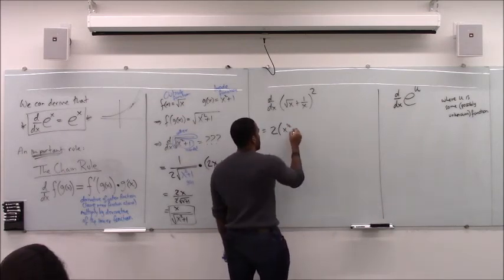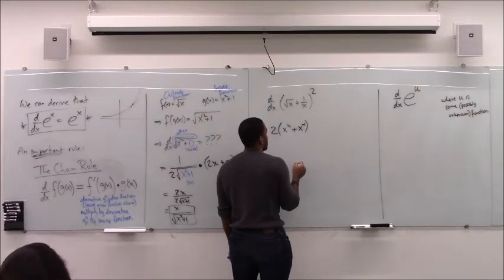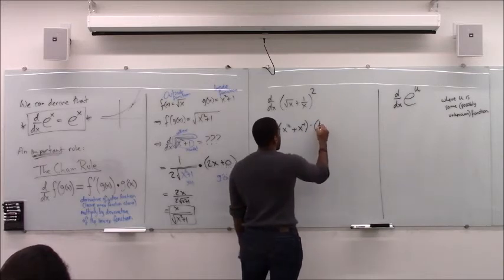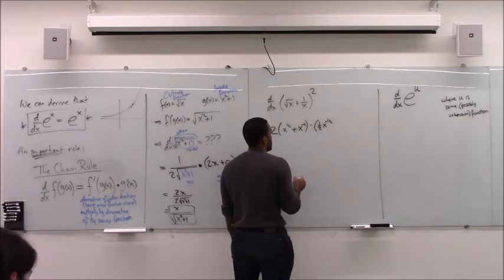Plus x to the negative 1 power times 1/2 x to the negative half power. And then I kind of lost there, but it, leave the derivative of x to my negative first power.